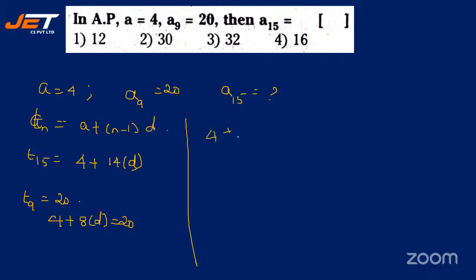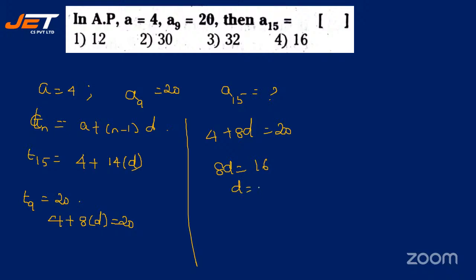Now with this, we can find the value of D. 4 plus 8D is equal to 20. So 8D is equal to 20 minus 4, which is 16. So D is 16 by 8, which implies D is 2.